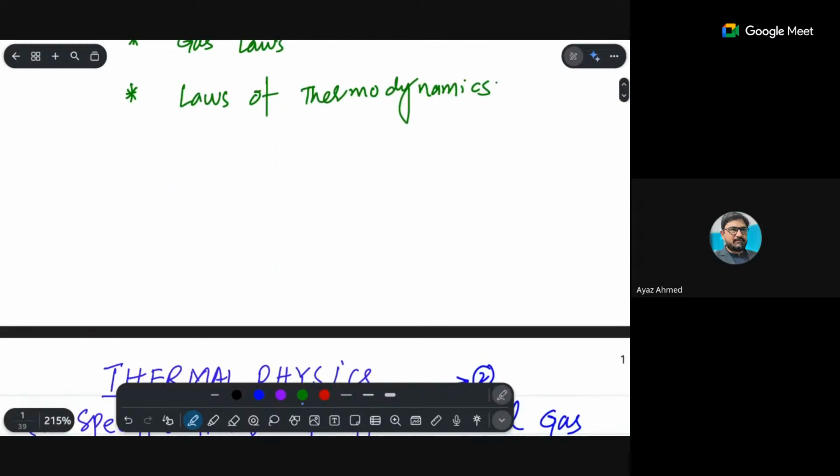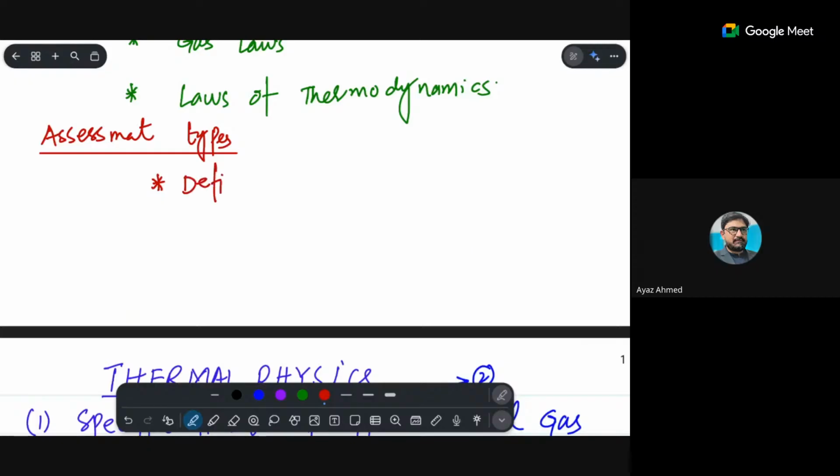The type of questions asked to you are assessment types. In this topic, we will be asked about some definitions. This is basically assessment objective one. Then some descriptions of phenomena, which is your qualitative analysis.